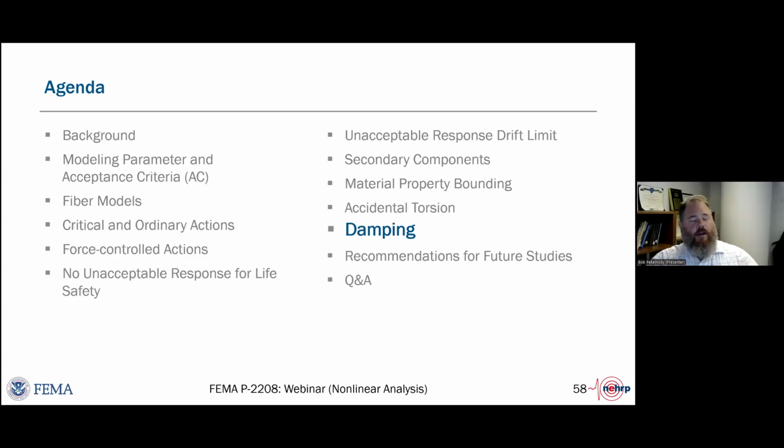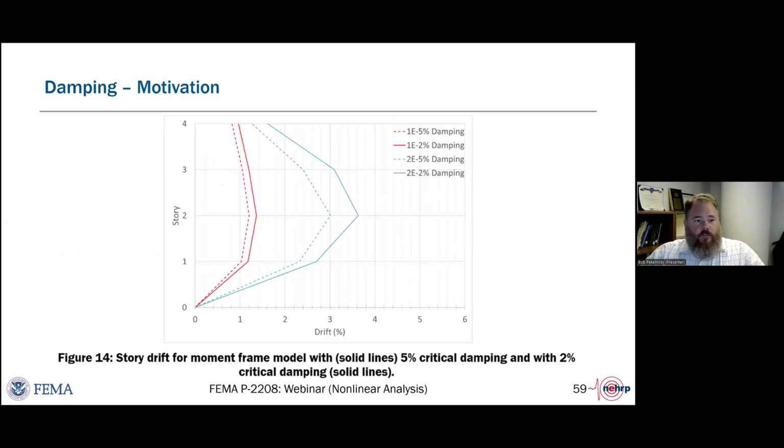And then moving on to the final change that we recommended in the standard, which was damping. So damping can matter in analyses. What you put in as your inherent damping, and that's all the damping in the structure that's not taken out by hysteretic damping or supplemental energy dissipation devices. If you change your damping from 2 to 5%, it can make a difference in the response of the structure.